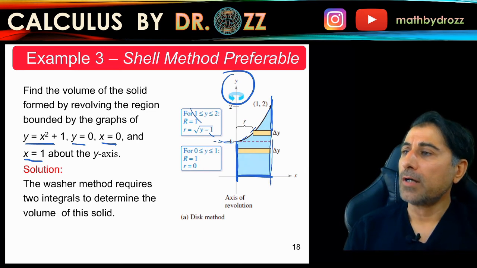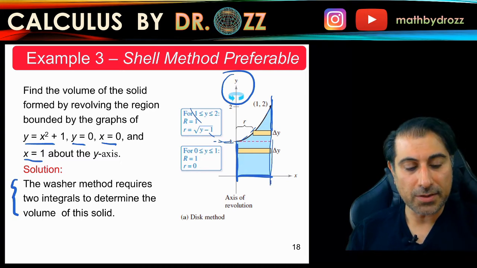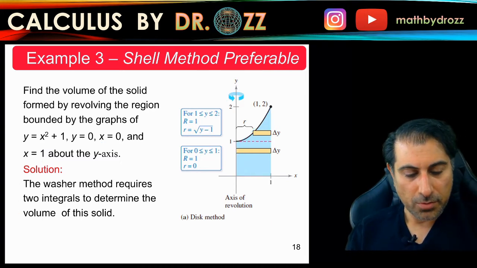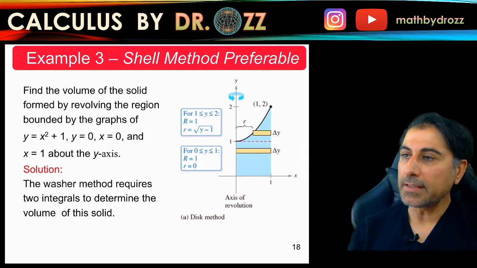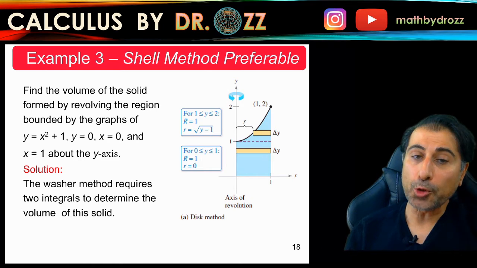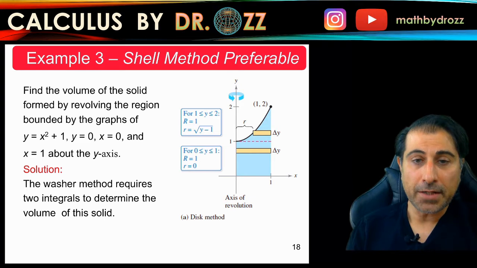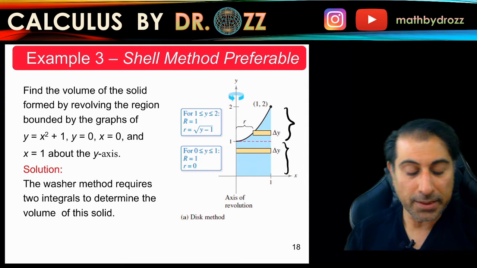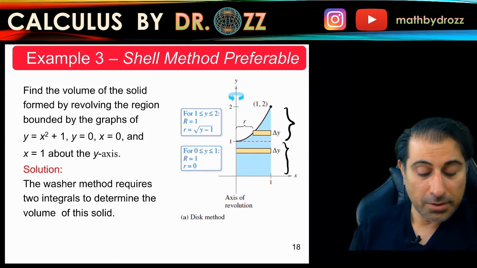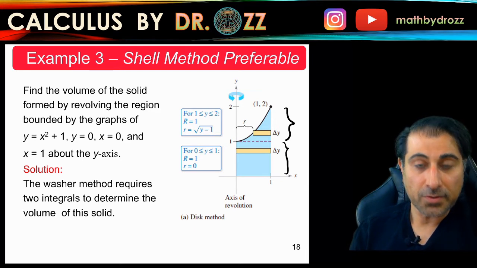As you see in the solution here, let's go with the washer method to start with and see what happens. To use the washer method, remember, we always take representative rectangles perpendicular to the axis of revolution. And here we go. Our region consists of two subregions. I have to split the region into two pieces because the representative rectangles would have the lower and upper limits differently.